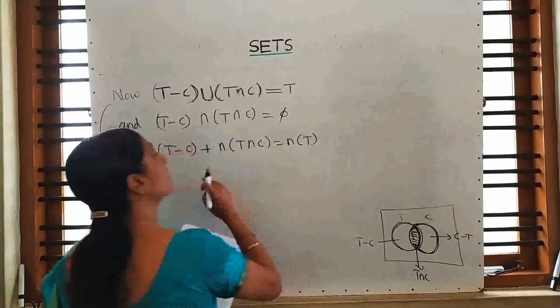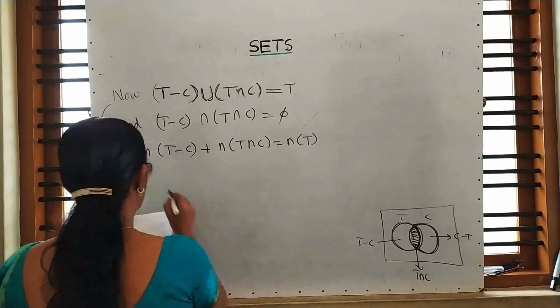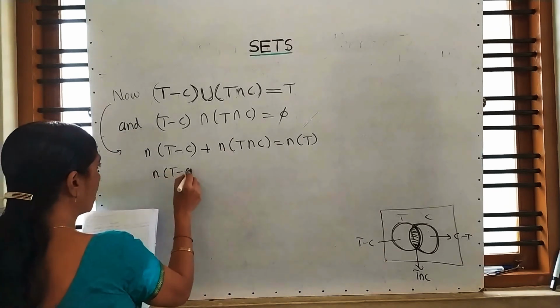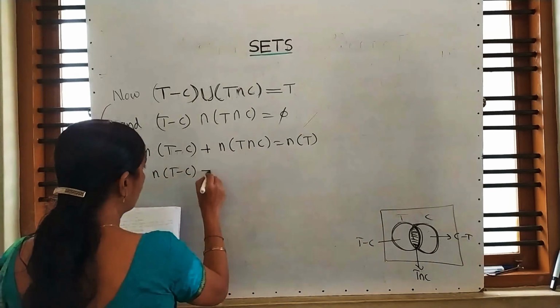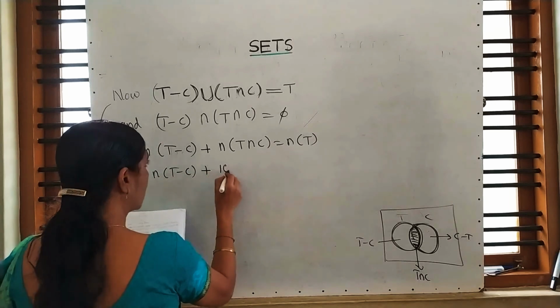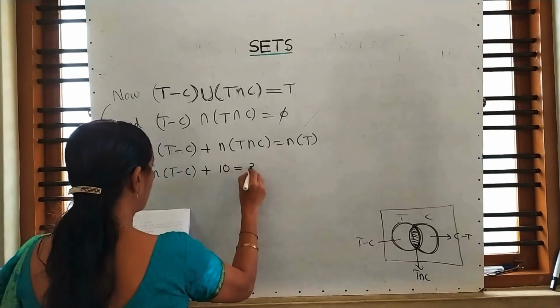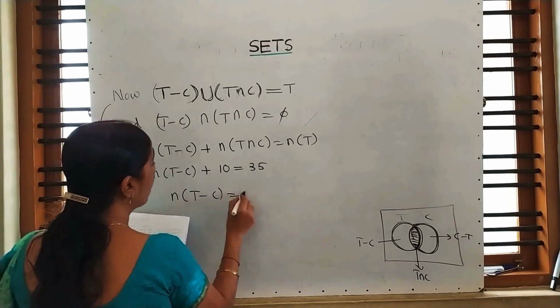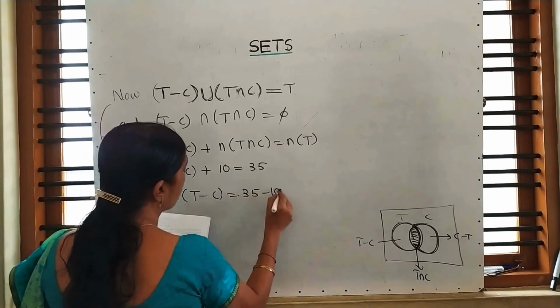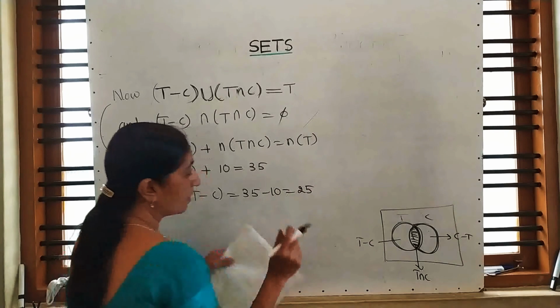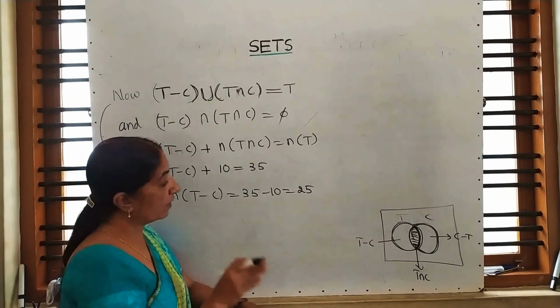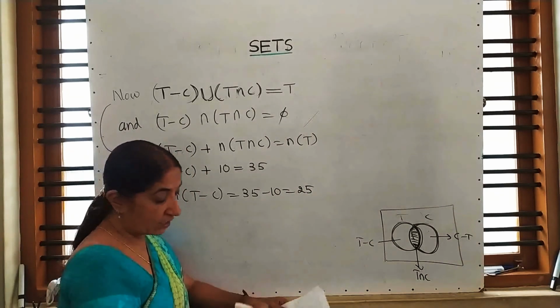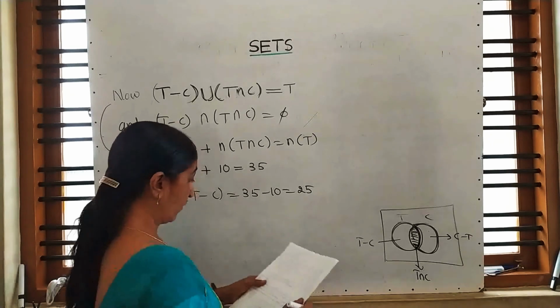Number of T contains both tennis and cricket, this I kept as it is. And the intersection is given as 10 and this we calculated as 35. So the number of people who like only tennis is 35 minus 10, that is 25. Go back and see that figure. Is it 25 or what? Yes, in the figure also we got 25.